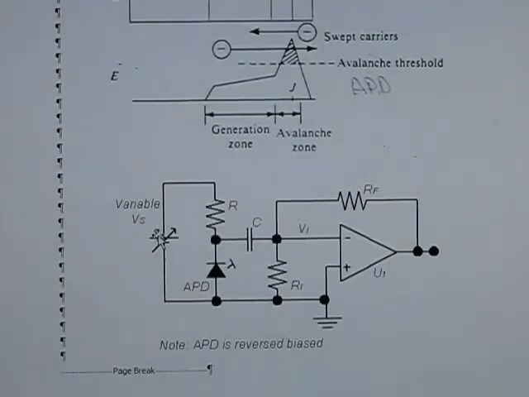And that reverse bias brings it very close to its breakdown voltage, and if you remember, when a diode breaks down, very small changes in voltage lead to very, very large increases in current.